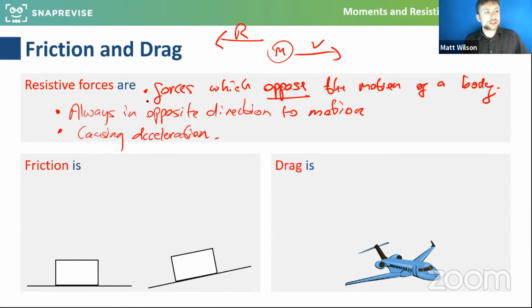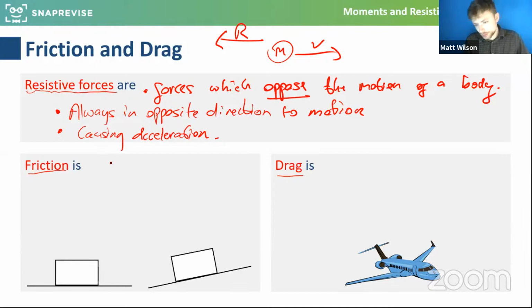Okay, so there are 2 classic examples of resistive forces: friction and drag. The difference between friction and drag is the kinds of things that you can have friction with and the kinds of things that you can have drag with. So maybe have a think about that.